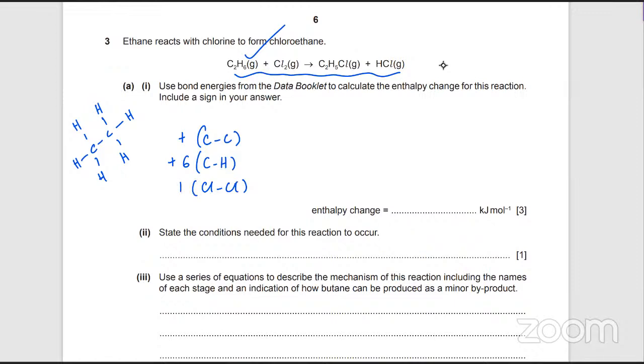So then how many bonds are being formed? C2H5Cl. So bonds being formed, that's one CC bond being formed. It'll be minus, you're forming 5 CH bonds. You're forming one CCl bond.